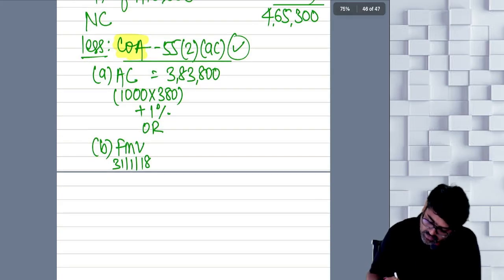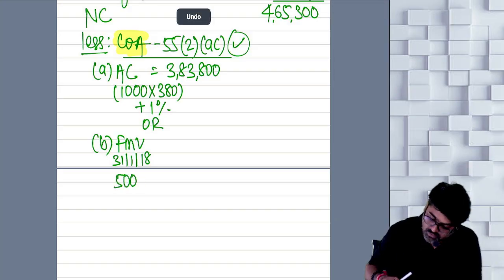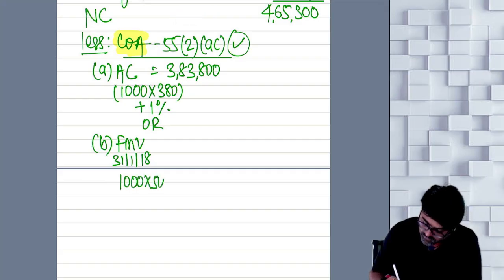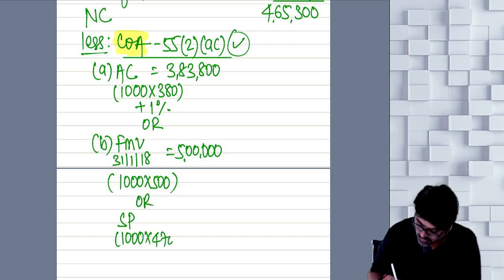And what was that fair market value? Now this time the fair market value is 500. So 1000 into 500 will be 5 lakhs. But remember, this fair market value cannot be more than the selling price. So the selling price was 1000 shares into 470, which is 4,70,000.